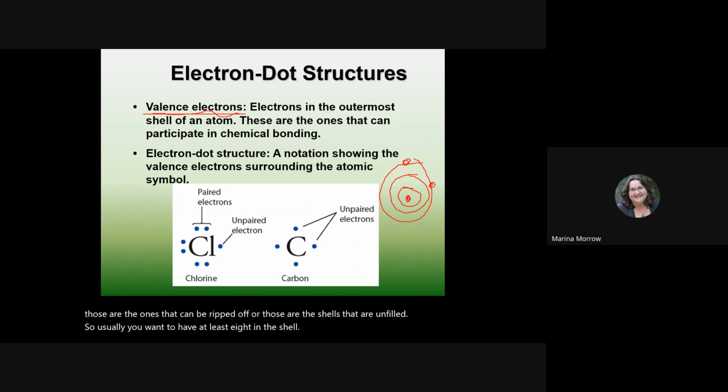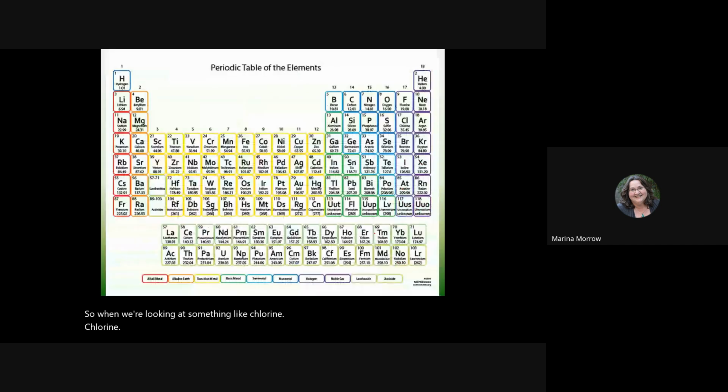So when we're looking at something like chlorine in the periodic table, chlorine is right here. It's in the 17th column, and that means that it has 7 electrons in its outer shell.